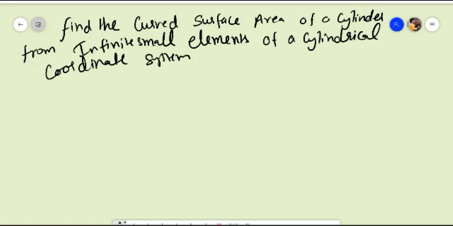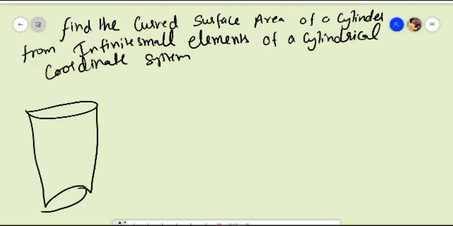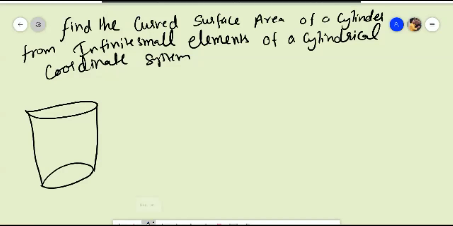Okay, so let me draw the cylindrical system. Trying to draw it is a little bit rough. Right, so here we have our cylindrical system, and what we need to find here is the curved surface area.